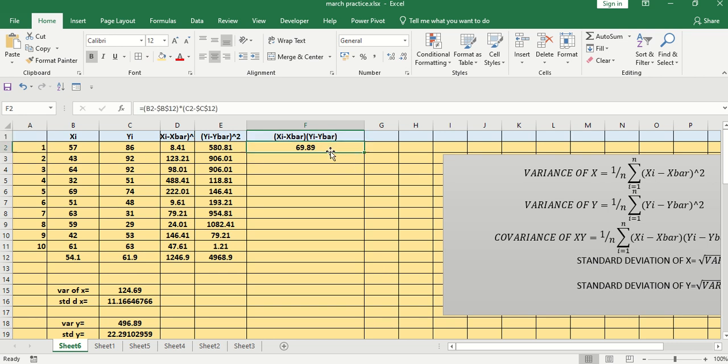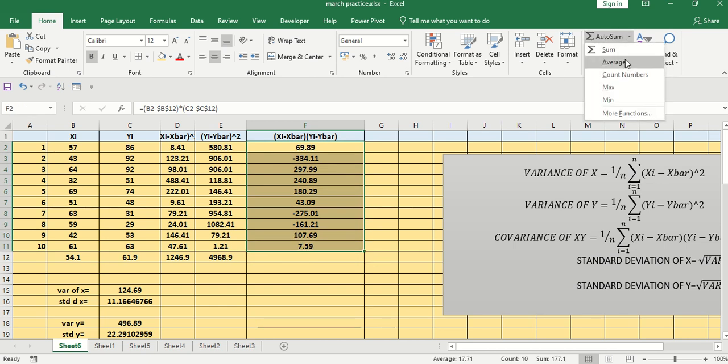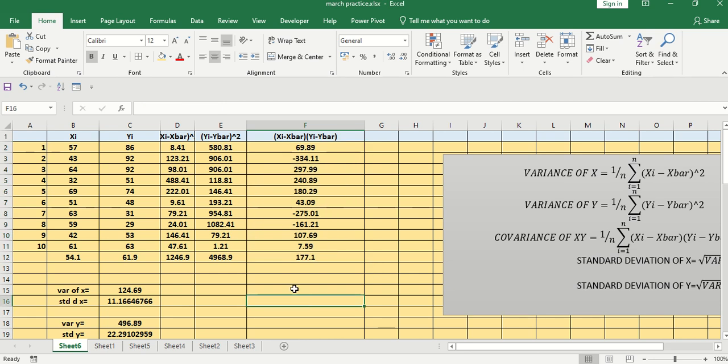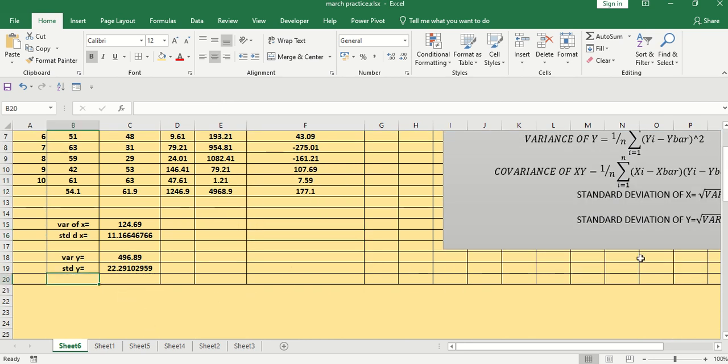It has done so. Now what we are going to do, drag the formula to the other units. It has done so. So what we are going to do now is the summation of all those deviations. Then what we are going to calculate now is the covariance of xy.